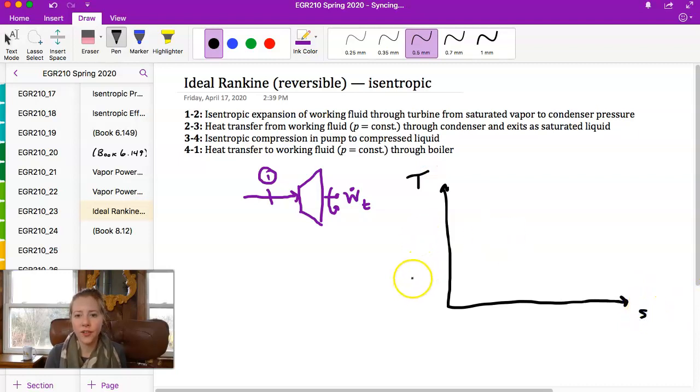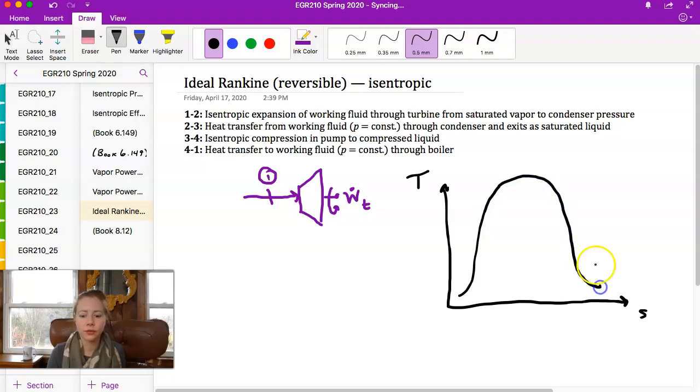And let's stick on our vapor dome, since we're dealing with water. For state 1, typically we're right here. We're in the saturated vapor portion of our dome. For some processes, we might be out here if we're superheated.